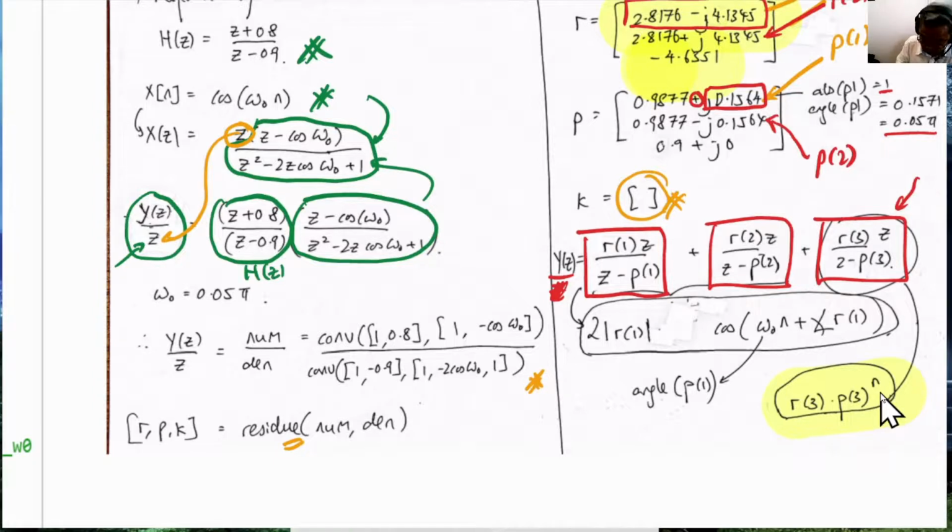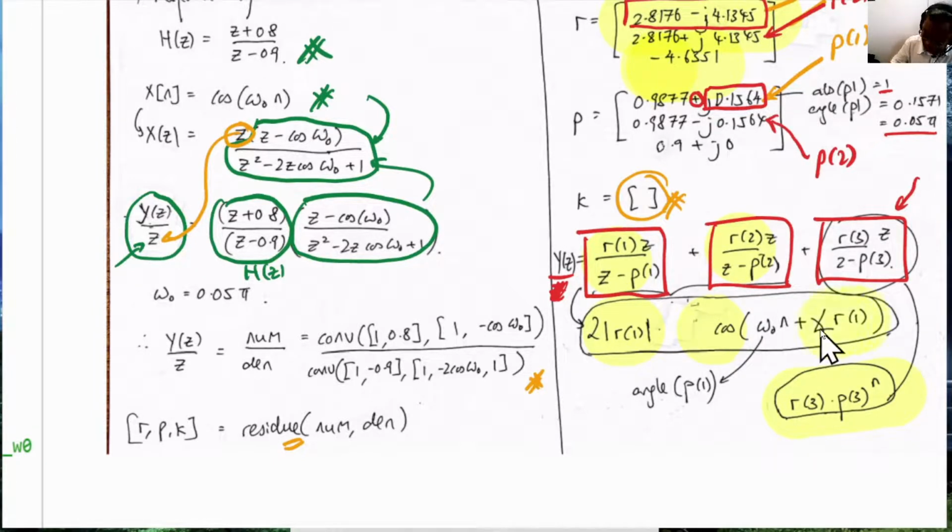What about these two guys here? The complex conjugates. You realize that in other lectures I've shown you that you can convert this pair into a cosine with a magnitude represented by R1 times 2 because there are 2 of them, and then it's an angle.